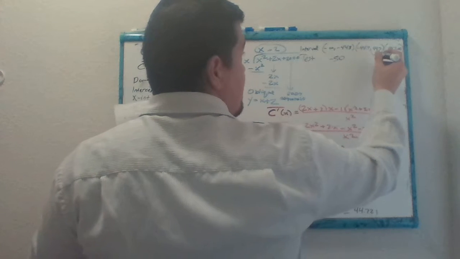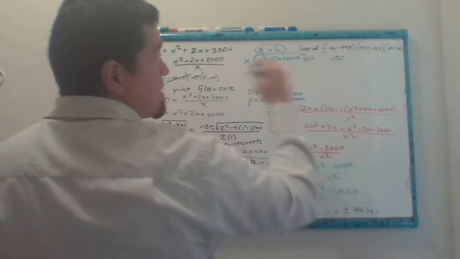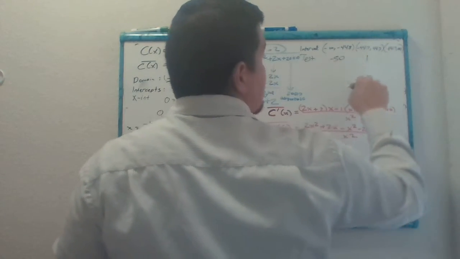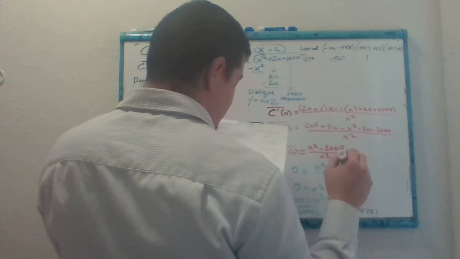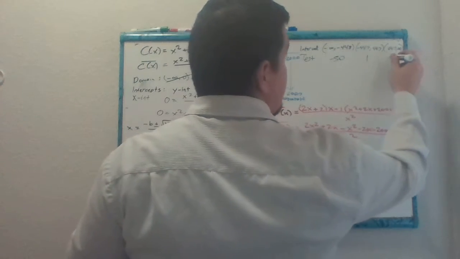Also over here, I could pick 0, although 0 is not in the domain, so that's not a good idea. So probably 1. And then 44.7, I could probably pick positive 50.